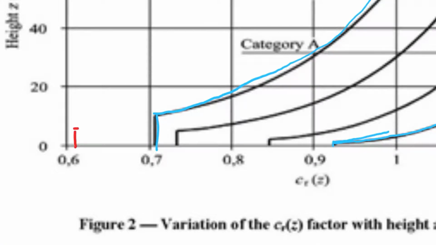Let's say now I have a little building down here, and it's got some height Z, and I'm going to use that height Z to design for. Depending on where that height is, it's fine.